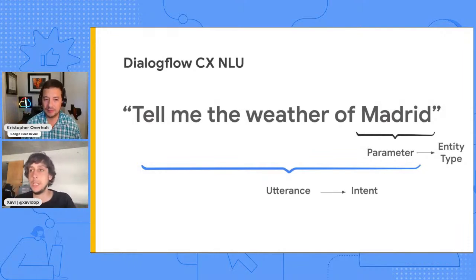For instance, Madrid, Valencia, Seattle, Toronto, it can have multiple values. So the main things are utterances and entity types. And we will show you in Dialogflow CX where you can create and manage these different utterances, intents, entity types, and parameters.